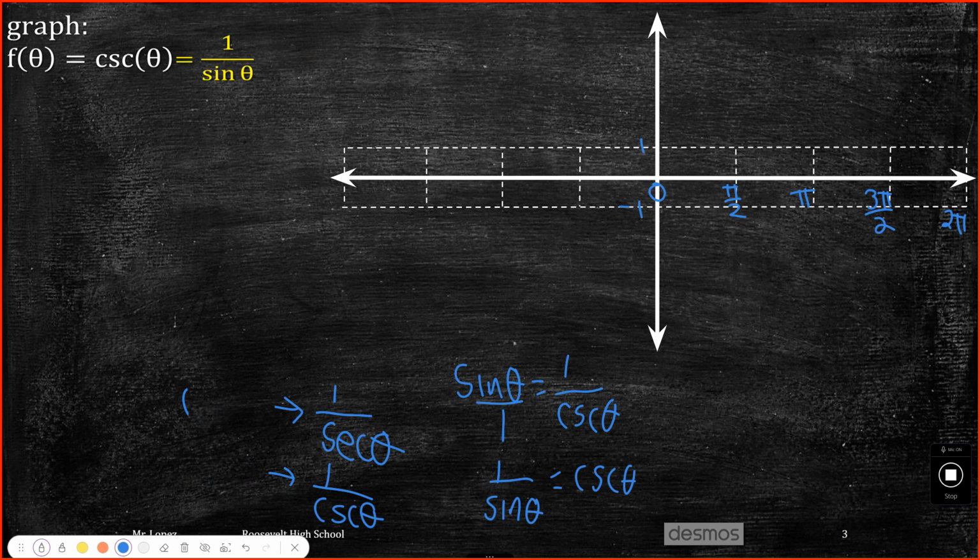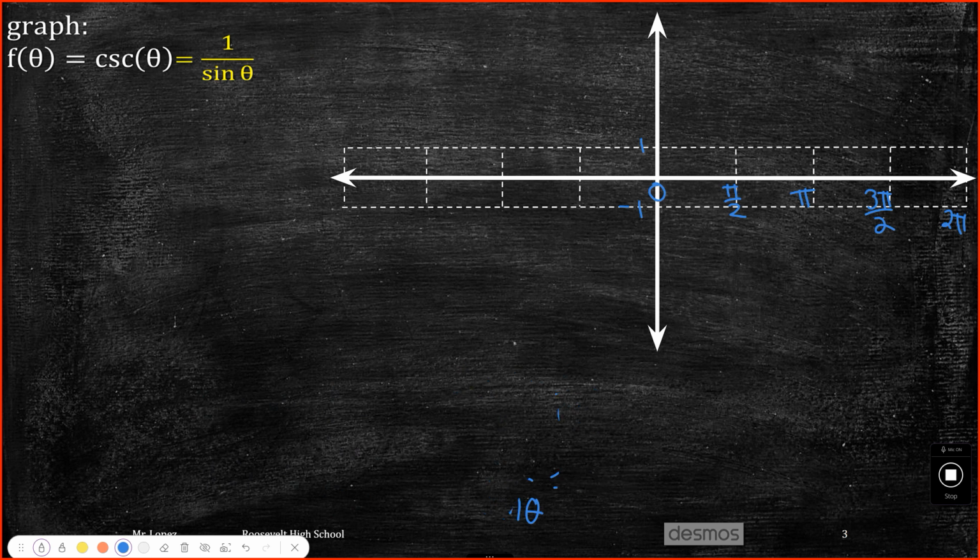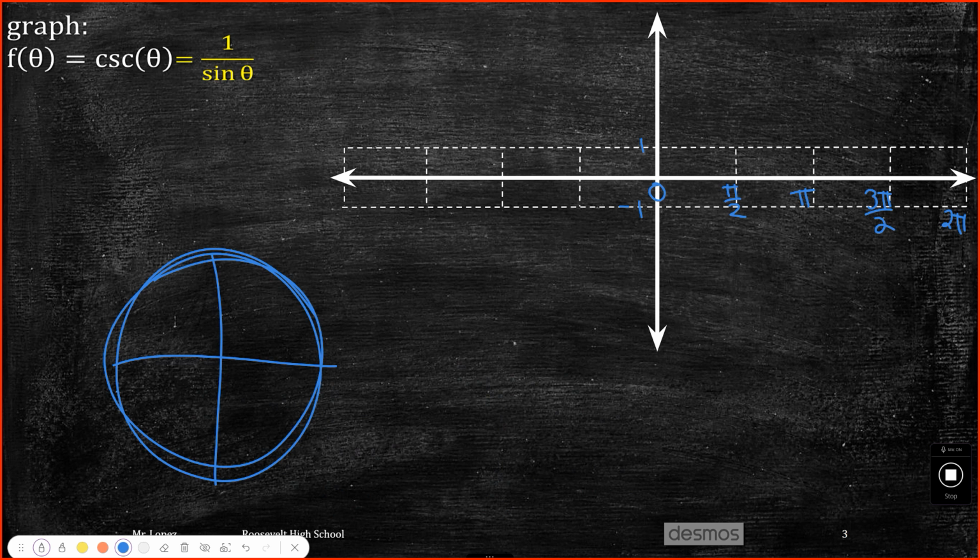And on the unit circle, what did I say? On the unit circle, what is sine of theta? x is what?